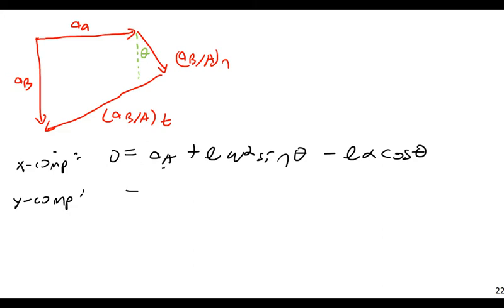But for the y components, for a balance of y's, I would say that negative A_B is equal to negative L omega squared cosine theta minus L alpha sine theta.